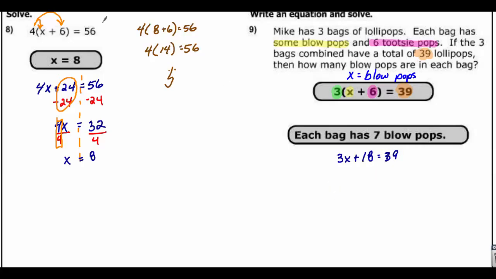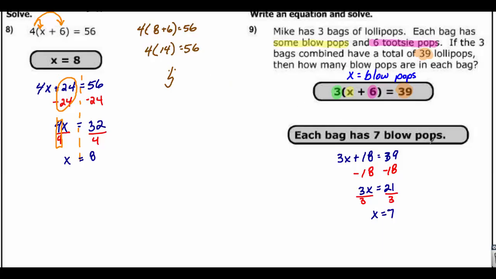Take away the 18. Take away the 18. End up with 3x equals 21. Divide by the 3 on each side, and you get x equals 7.